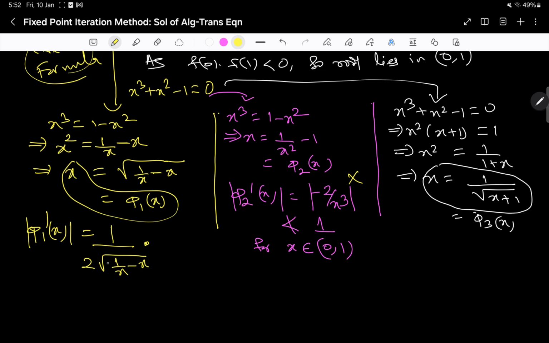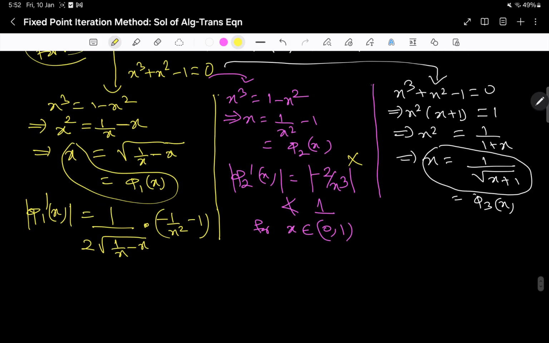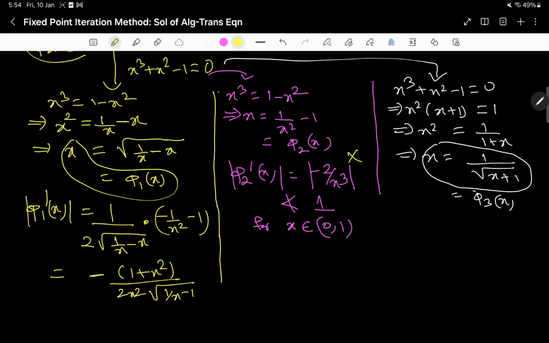Again by chain rule, the derivative of the inside is minus 1 by x square minus 1. If I simplify it, it will be minus of 1 plus x square by 2x square into root over of 1 by x minus x, and we take the modulus of this.